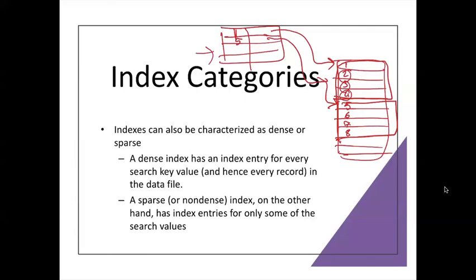But you know that the data is sorted already according to the roll number. So you know that if you can get one, the next one would be 2. So here you have entries in the index only for certain records, not for each record. So such an index is known as a sparse index or non-dense index.